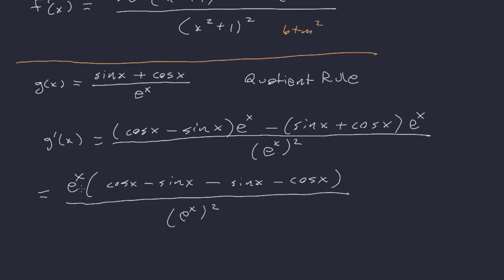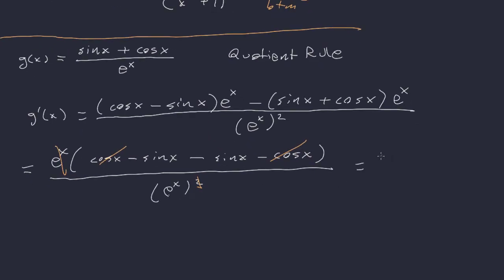Note we have an e to the x and an e to the x squared. So the e to the x here will cancel with one of them, and our cosines cancel, and we're left with just two sines. So this actually simplifies down nicely to negative 2 sine x all over e to the x.